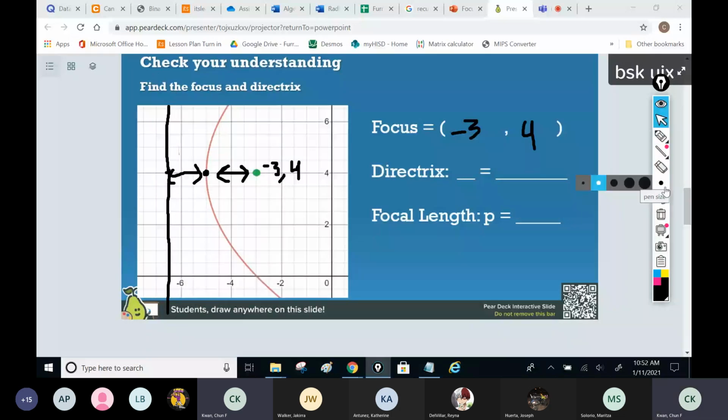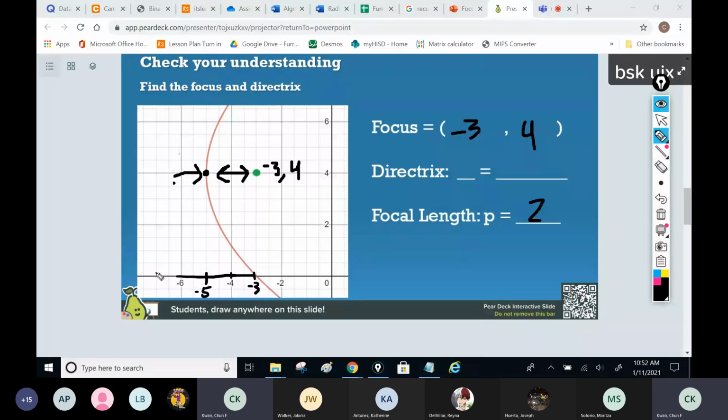So I think the problem is the graph is not really properly scaled. Yeah, so every 2 units is 1. That's the problem. Maybe I should fix that. So like right here, -3, and then 2 units later you have -4. 2 units later, -5, and -6.